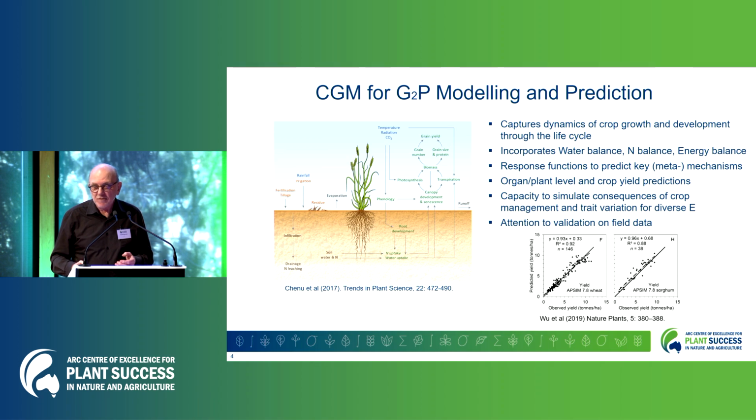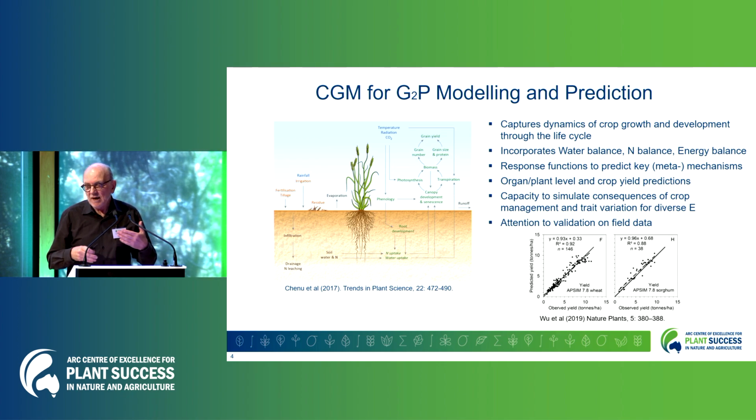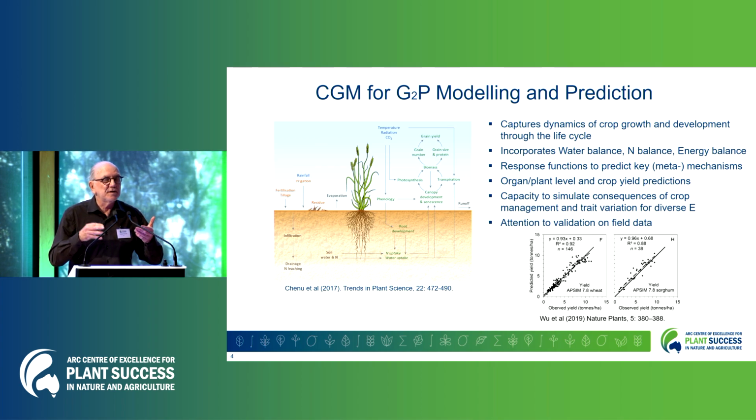So for the crop growth modelling part of this, I like this picture from Corinne Chenu. Essentially, we've got algorithms that cover all the dynamics of the growth and development of the crop that are shown in that diagram. So you've got all those processes going on day to day: environment, radiation, water supply, nitrogen supply, all those things interacting to drive how much the crop grows, how much leaf area it produces, how much resource it uses in terms of water, nitrogen, light interception.